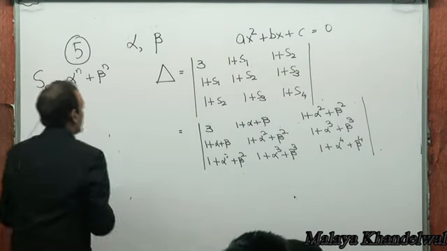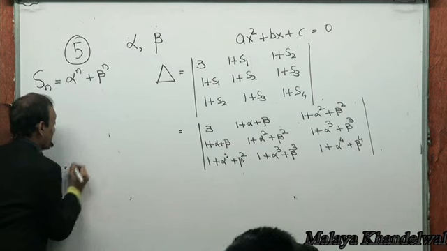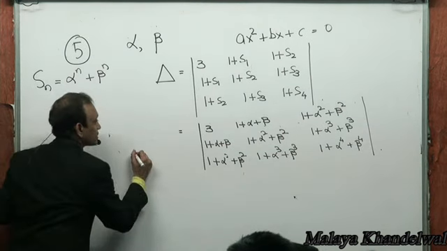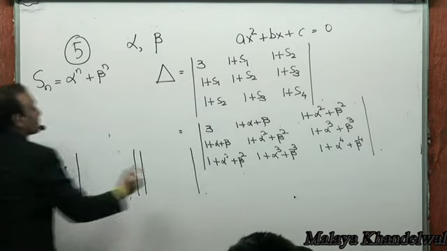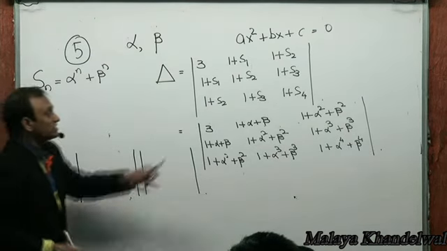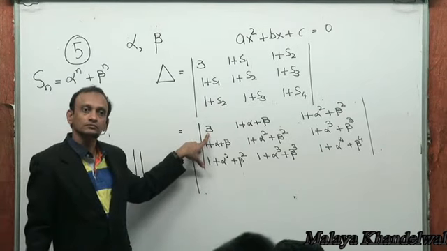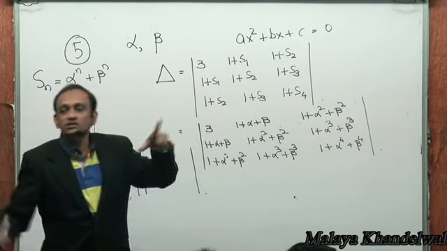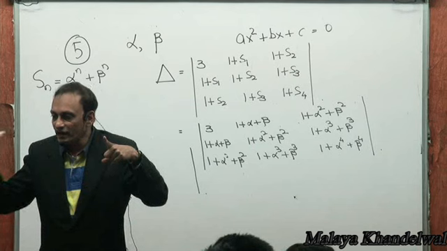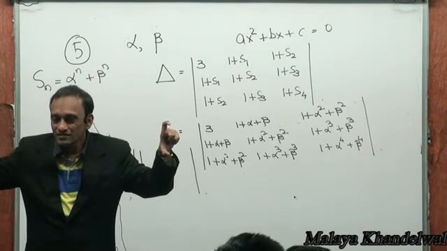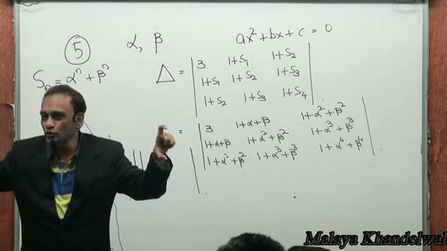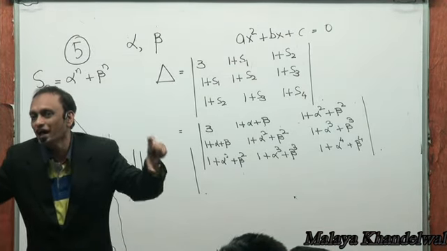Now, there is a 3 that I see here. This 3 is like 1, 1, 1 and 1, 1, 1. Two rows, 1 each, will give me 1 into 1 plus 1 into 1 plus 1 into 1, which is going to give me a 3.